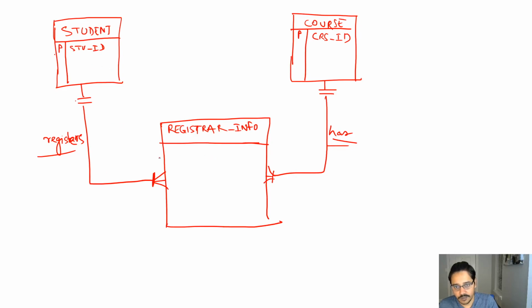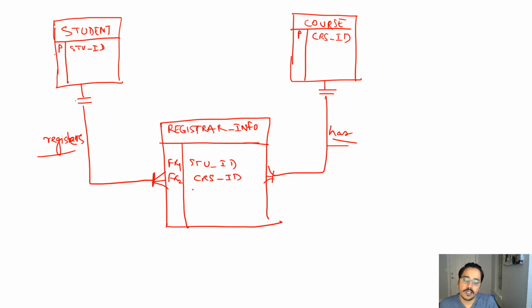So again, for this relationship, this is the driver. So I'm going to simply add my new foreign key 1, which is going to be student ID, and then I'm going to add my other relationship's foreign key, which is foreign key 2, as course ID.